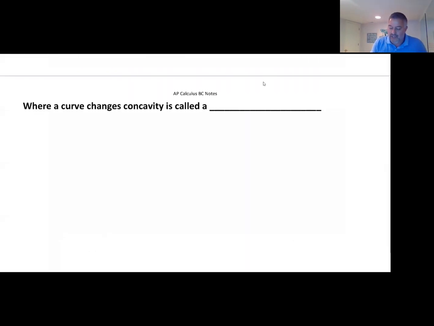When a curve changes concavity, that is called a point of inflection, also known as an inflection point. Okay. You wrote infection. Well, it's probably not good.